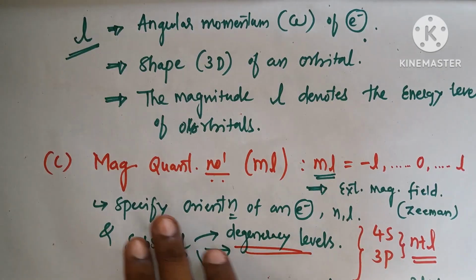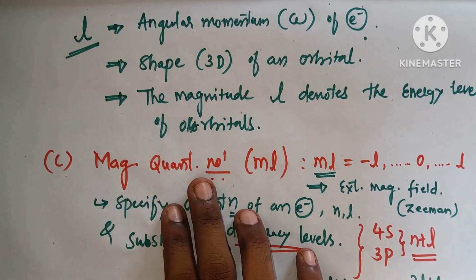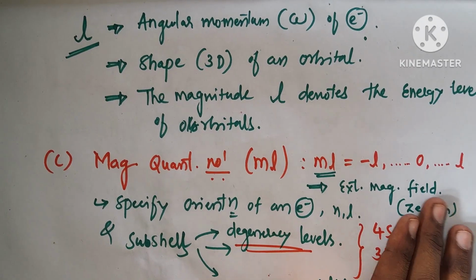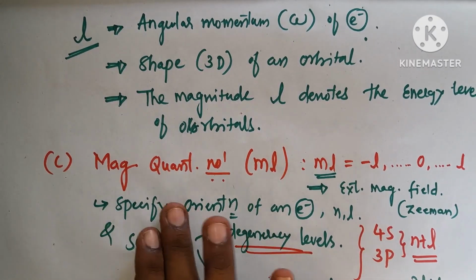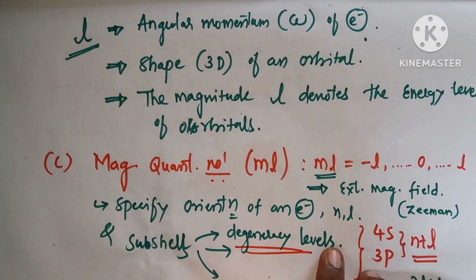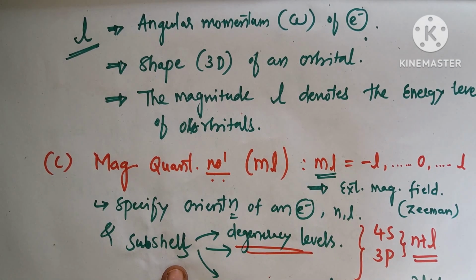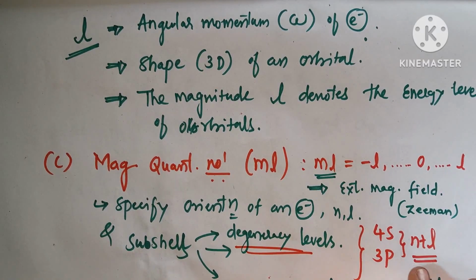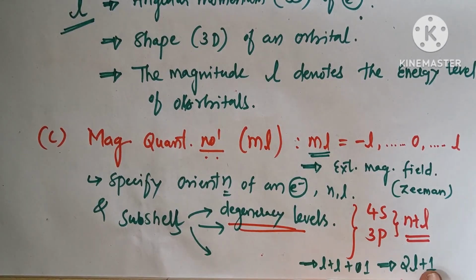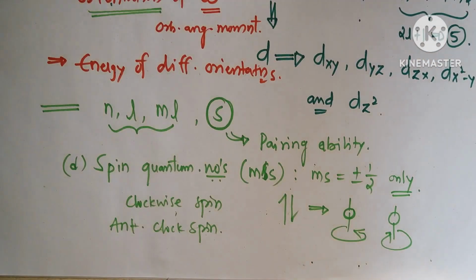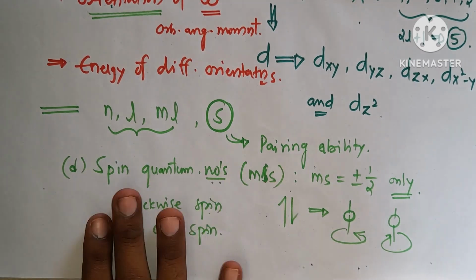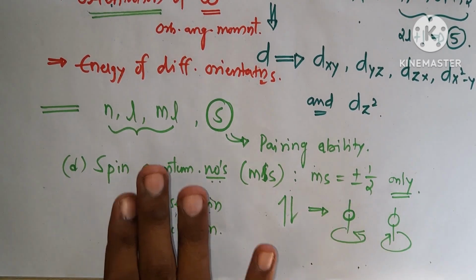The third quantum number was the magnetic quantum number, derived due to the external magnetic field. It is mainly related with the orientation of the electron in the orbitals. It also gives an idea of degeneracy levels at subshell level, and what the degenerate orbitals are, with an example. Also remember, there are 2l plus 1 possibilities for degenerate orbitals. And the last one was the spin quantum number, where plus or minus 1 by 2 denotes clockwise and anti-clockwise directions.